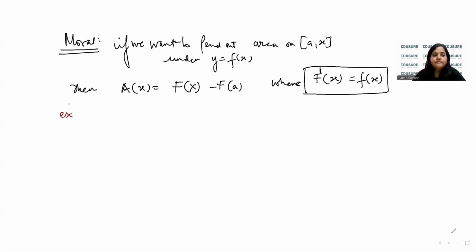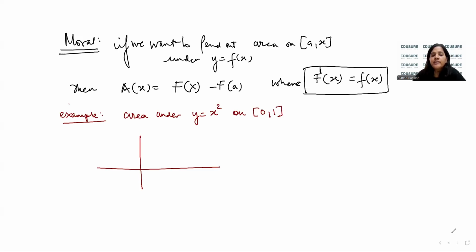Now, an example. Suppose you want to find out the area under y equals x square on 0, 1. Okay. So you can note that y equals x square is this parabola. This is 0 and this is 1. So we actually want to find out this area. So now what is your f of x? f of x is x square.